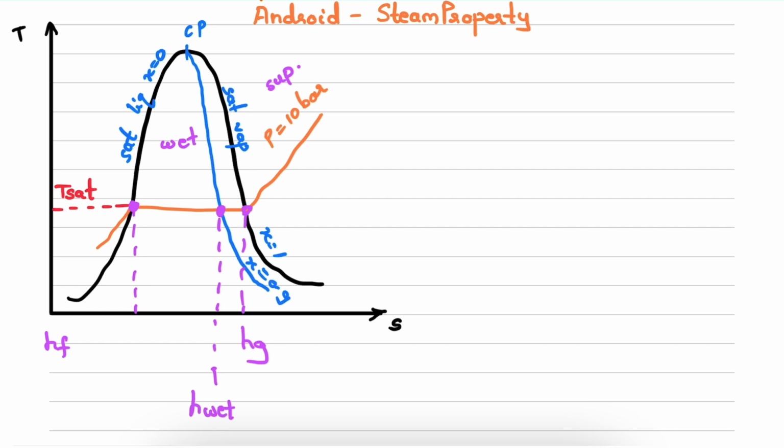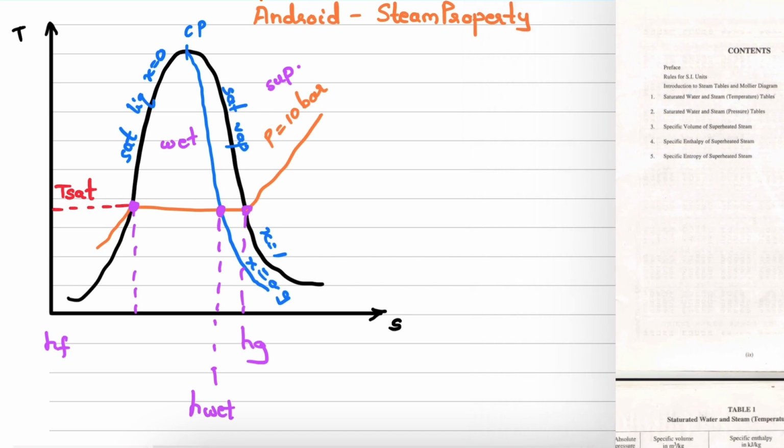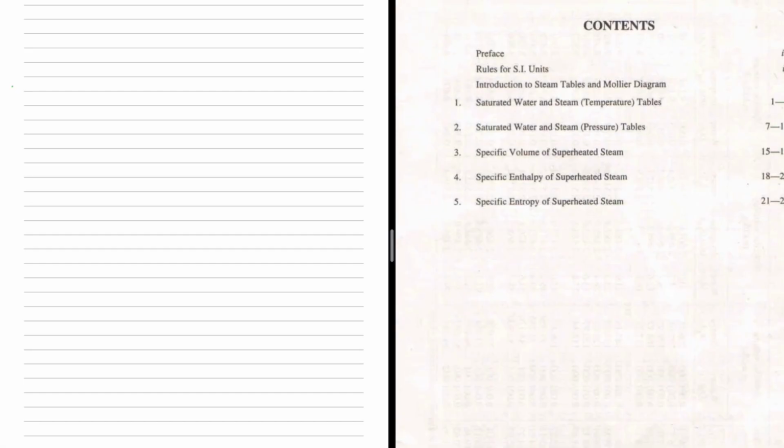So now we'll go to the steam tables. In the steam table, we have the temperature table, the pressure table, and then three tables of specific volume, specific enthalpy, and specific entropy of superheated steam.